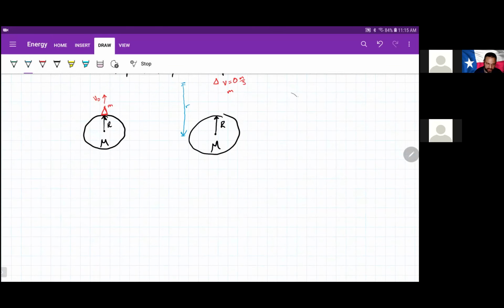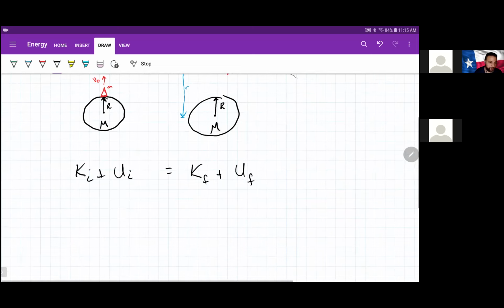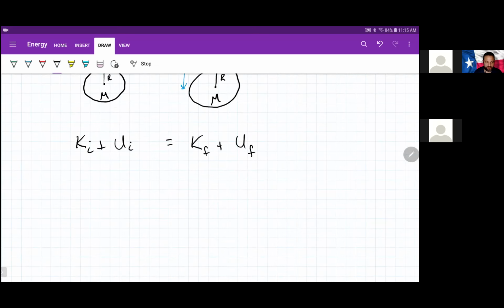So I'm going to use my energy equations. I'm going to add my initial kinetic energy plus my initial potential energy, equal to my final kinetic energy plus my final potential energy. Right? It's given some initial velocity, so I've got 1/2 m v naught squared.